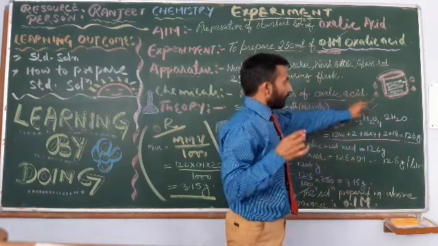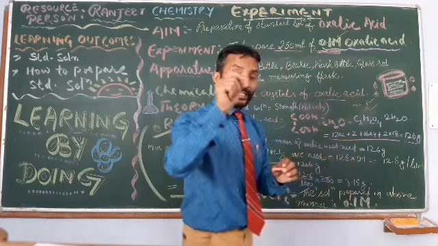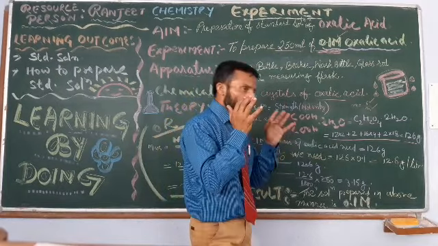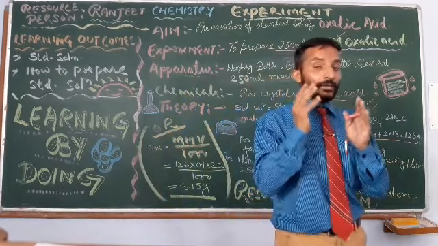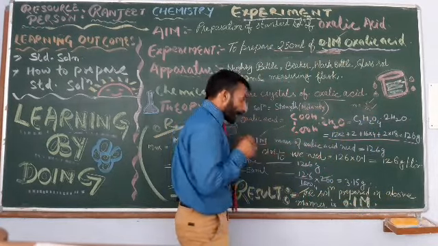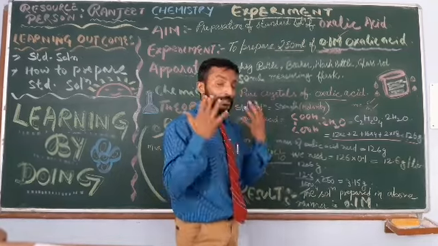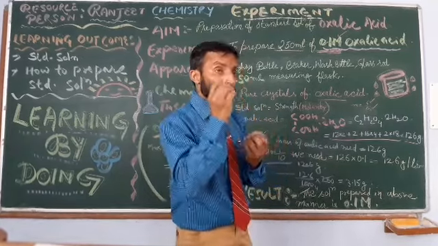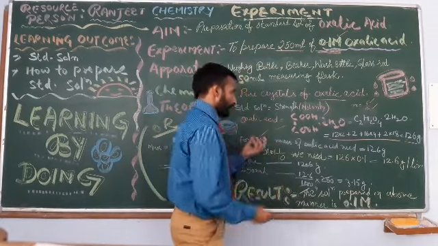So if I dissolve 126 gram of oxalic acid in 1 liter, the solution prepared has strength 1 molar. Alright, but we need a solution having strength 0.1. So it's very simple, right?